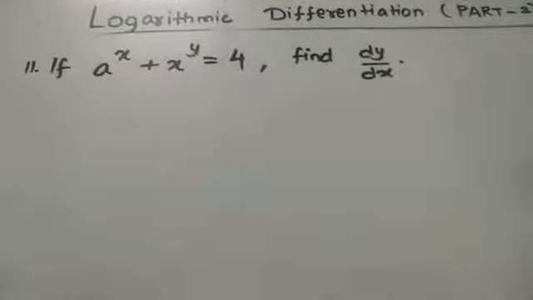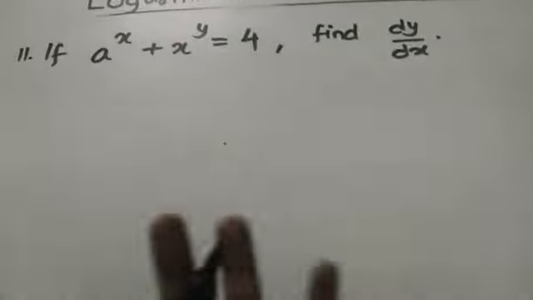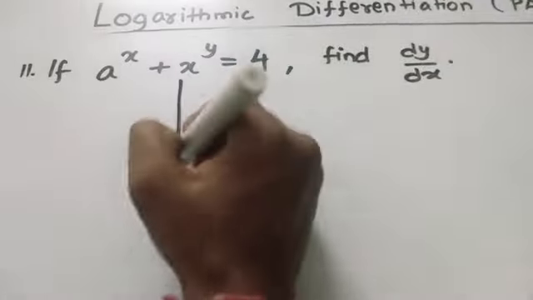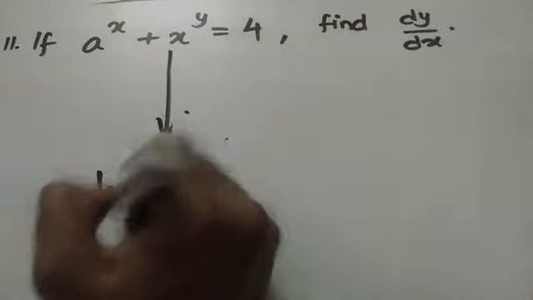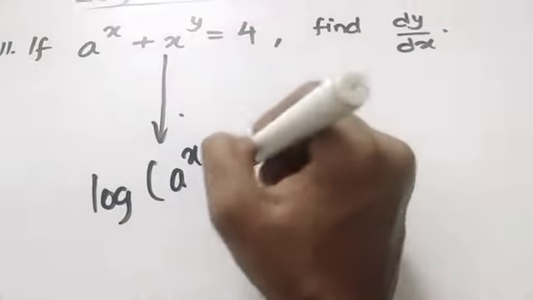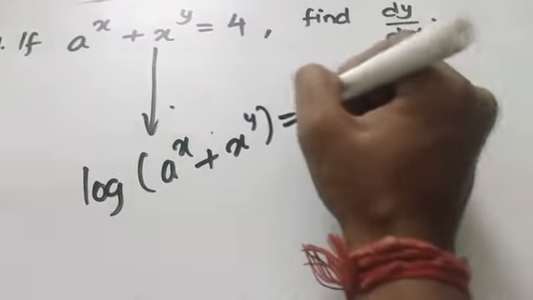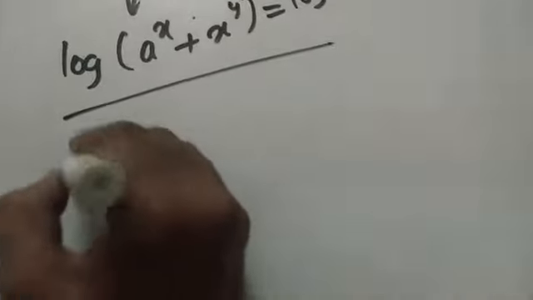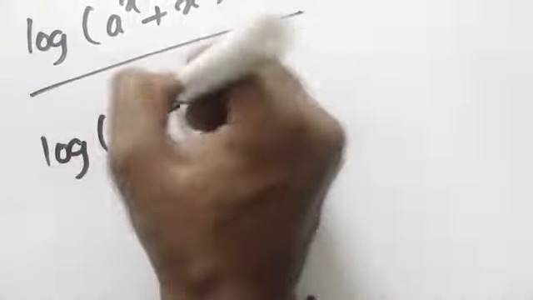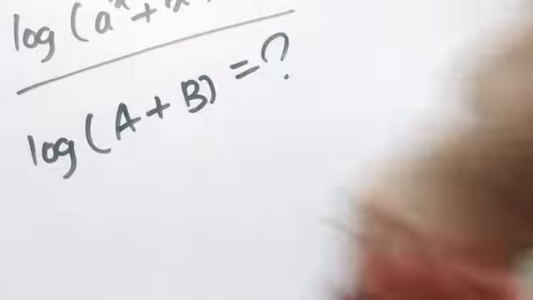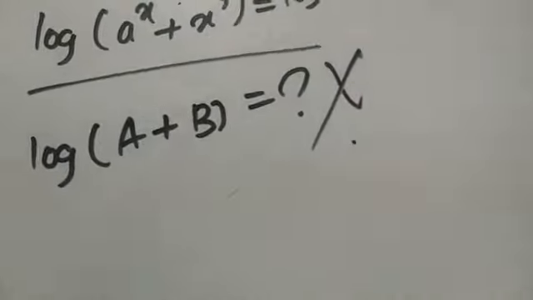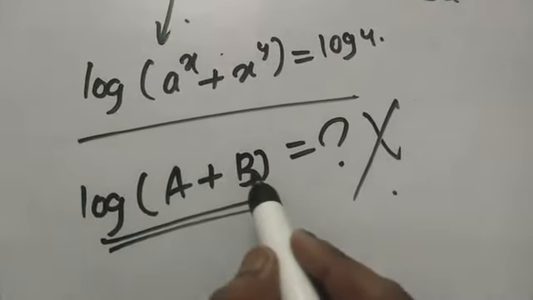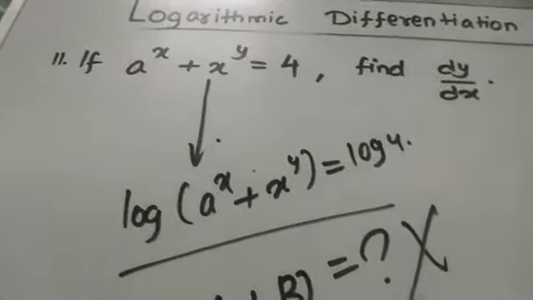The first thought that comes to mind is to take the log and bring the power down, but after that we cannot proceed, because no property has been defined for log of a plus b. So we cannot split this whenever it is a plus b, and we cannot use the log directly here.